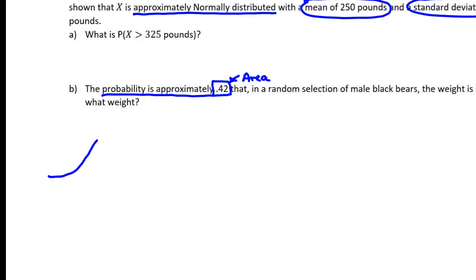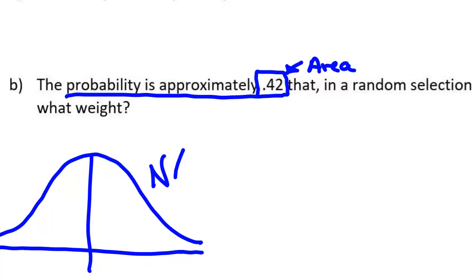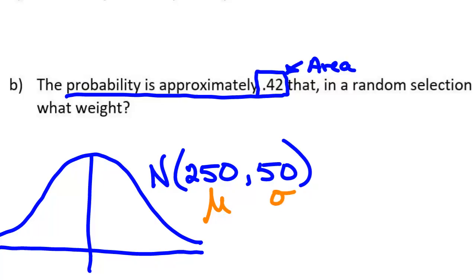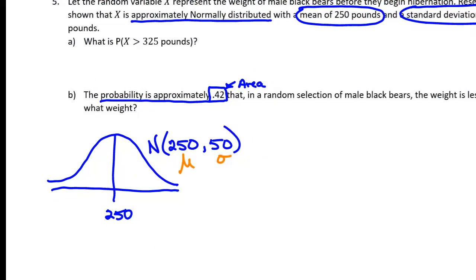So I would draw my normal curve. I would draw a normal curve for part A also. Right down the center is where the 250 pounds goes. N of 250 and 50, labeled as the mean and the standard deviation.